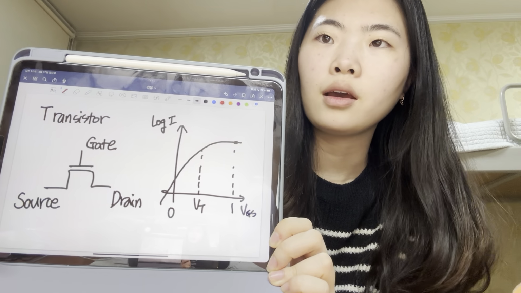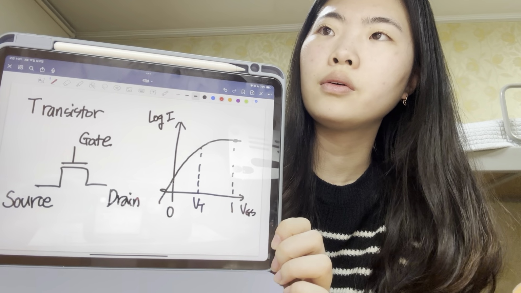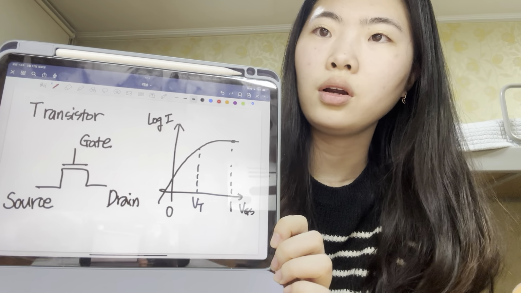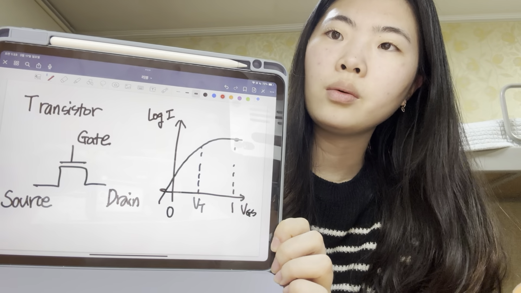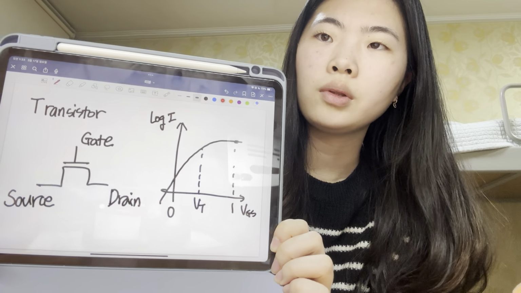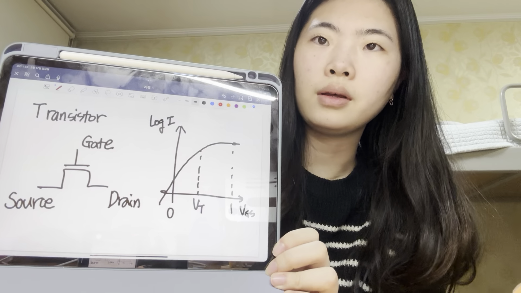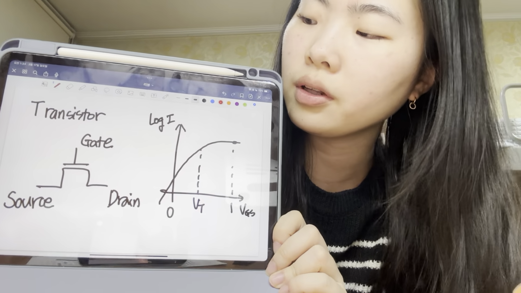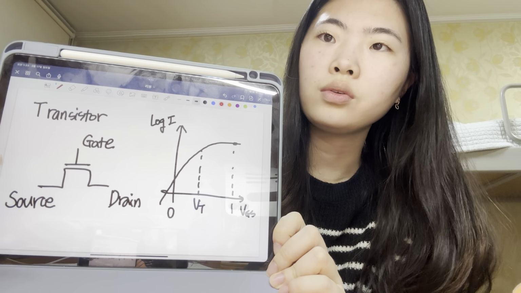So actually, there are four terminals in the transistor, and we put some voltage on the source, gate, and drain. Sometimes we put some voltage on the substrate, which is called a back gate. But normally we put voltage on the source, gate, and drain.